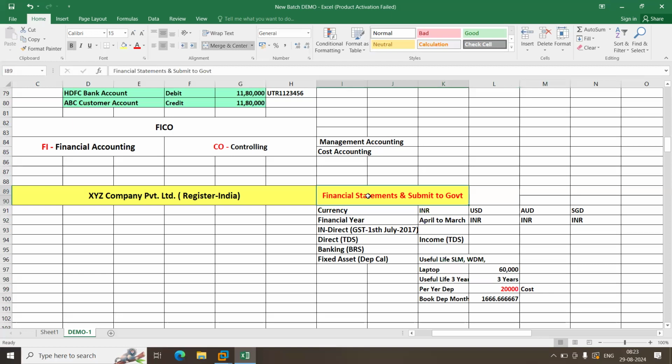At the end of the financial year, we come to know the net profit or net loss for your organization. Part of this financial statement, what will you get? We'll get net profit or net loss.